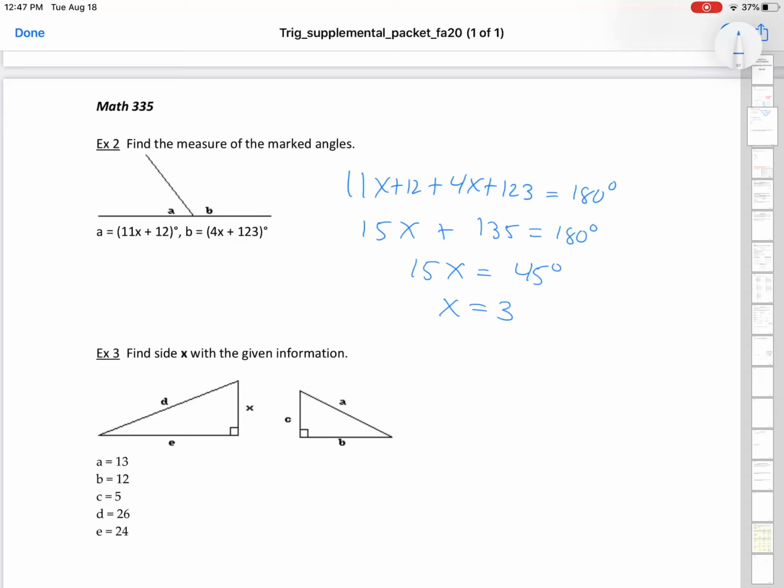Now we're going to drop that 3 in and take 11 times 3 for 33 plus 12 to get 45 degrees.